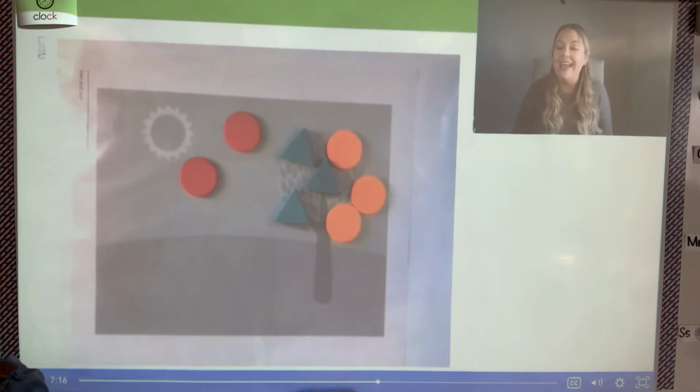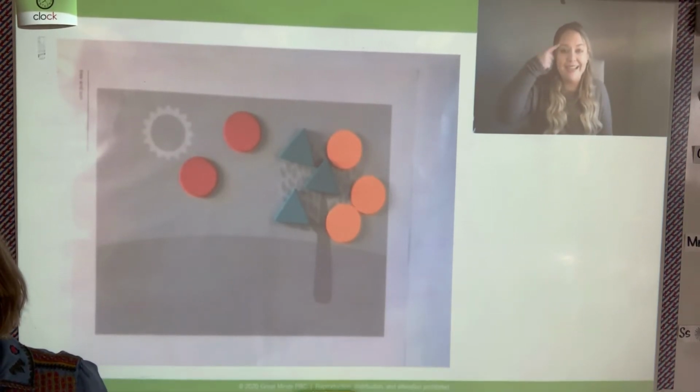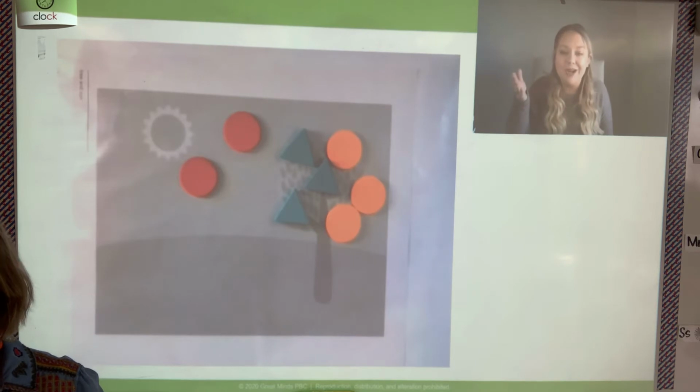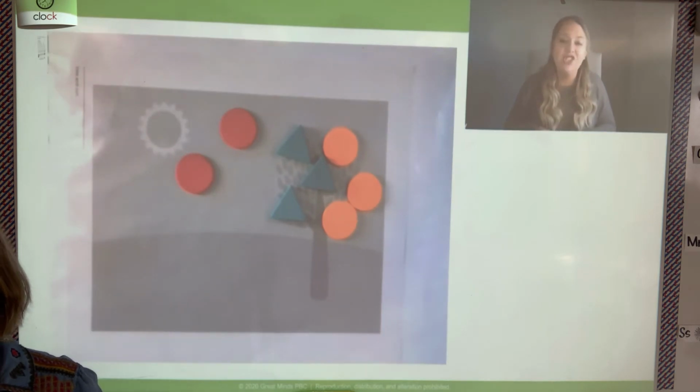All right, let's see if we're right. How many robins are there in all? 8 robins. Now let's just draw.